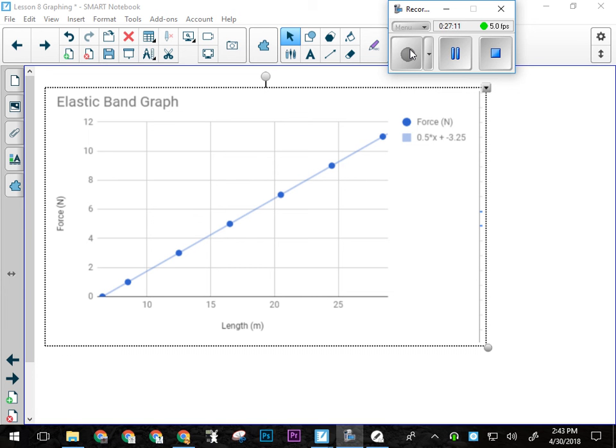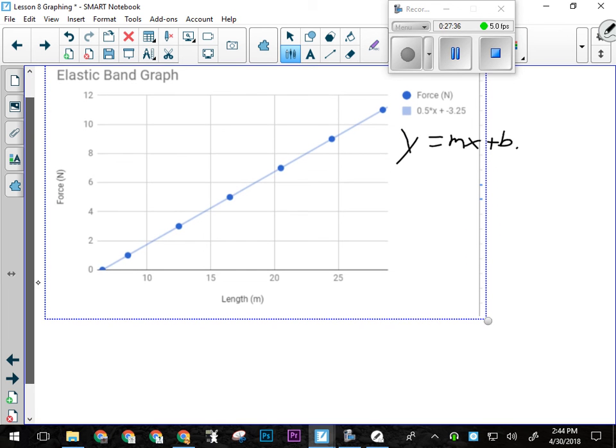We can't really see that on this graph, but it crosses down below the x-axis, and that's fine. That happens sometimes. Here's what I want to do. With this graph, I want to go through a couple of the kinds of questions you could get in relation to the graphing equation, and that equation, again, is y equals m times x plus b.